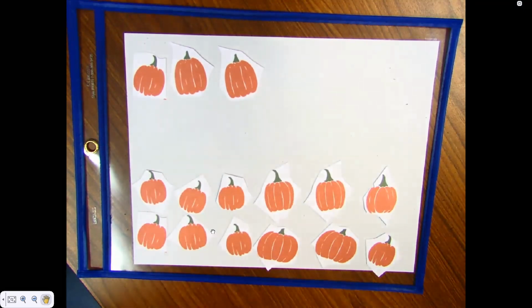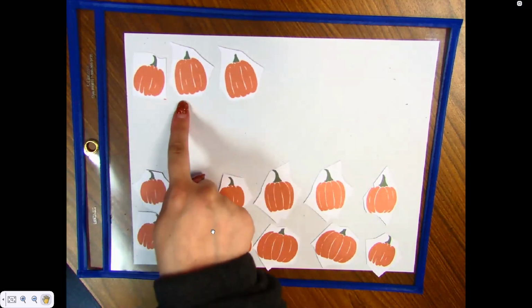So Miss Morrow has how many times more pumpkins than me? I have 3. So think about your groups. I have 3.